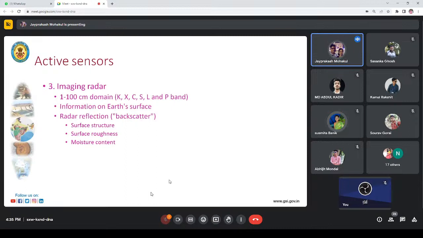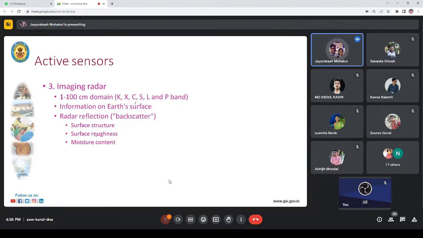So active sensors are basically imaging radar, in the 1 millimeter to 100 centimeter domain. You have K, X, C, S, L. This nomenclature was all developed during the Second World War, as I have discussed, and the backscattered energy is measured.